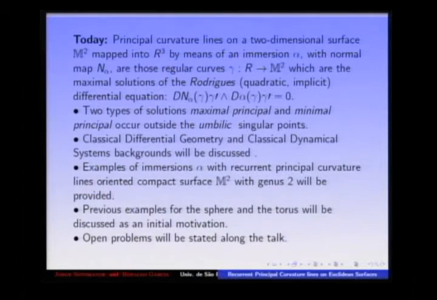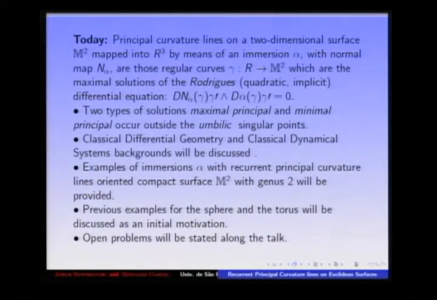Here are the umbilic points. I will go back to the definition of this. These umbilic points are where the equation is identically satisfied. And there is one direction, the maximal principal direction, one of these directions, defined by the vector gamma prime, where gamma is the solution curve of this equation.